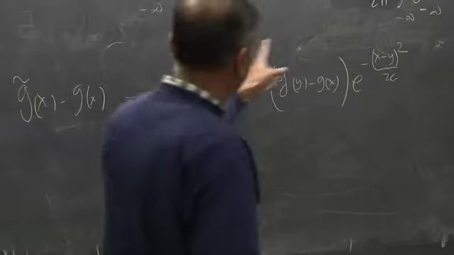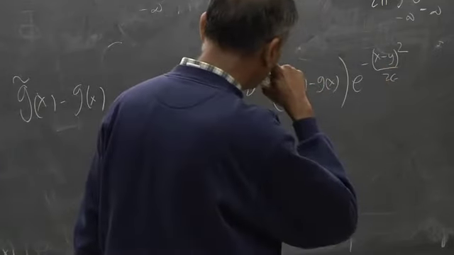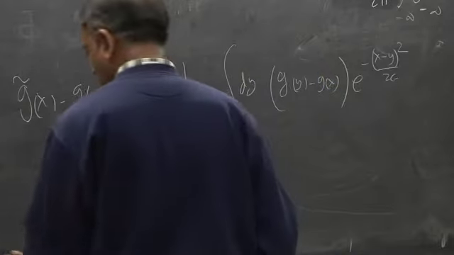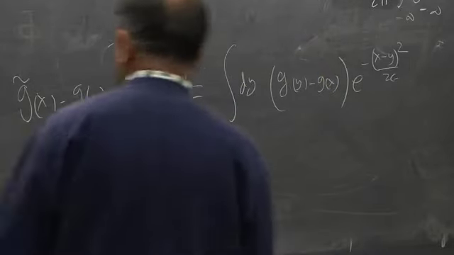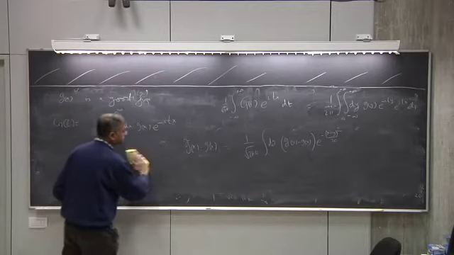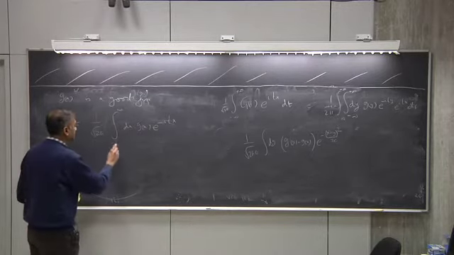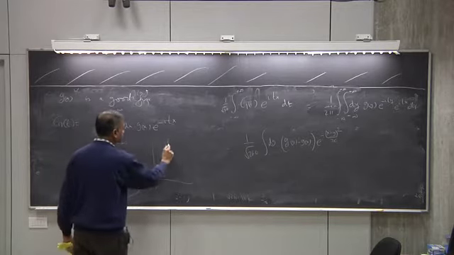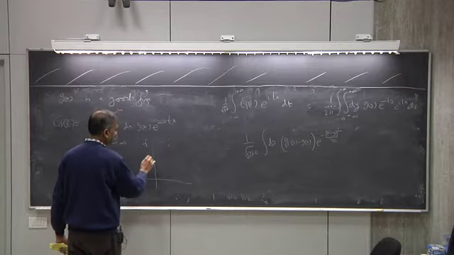Okay. So how can we do this? There is one thing, I don't know if you know this fact. Suppose I'm given some function, let's say f of x, and you have x here.